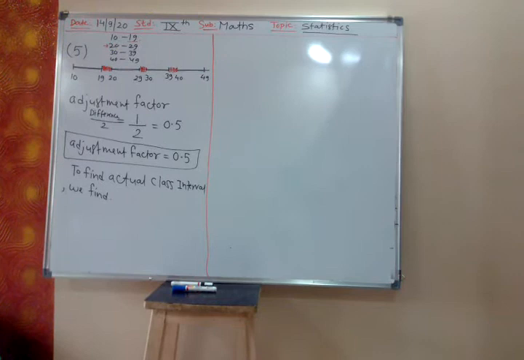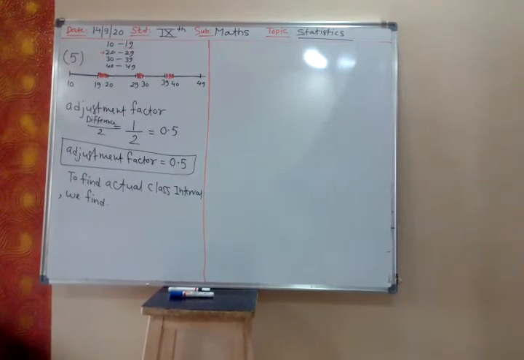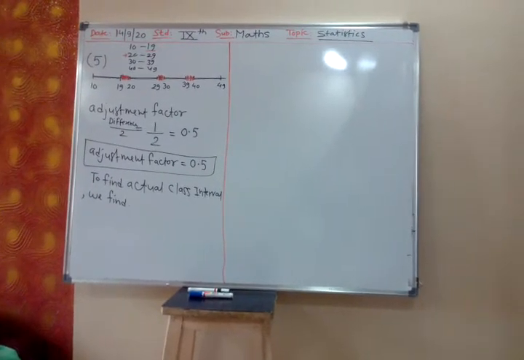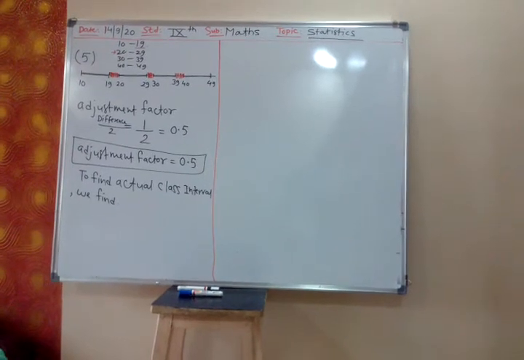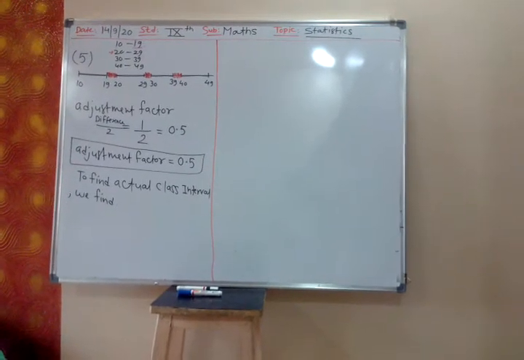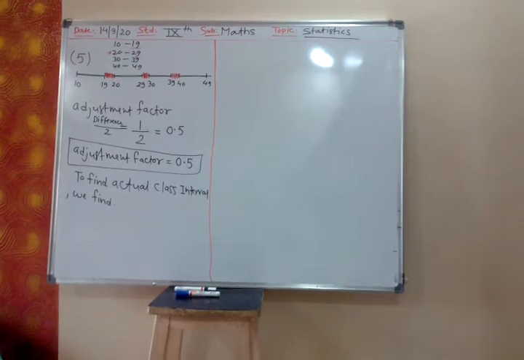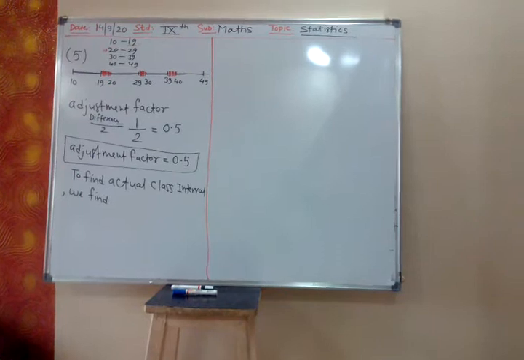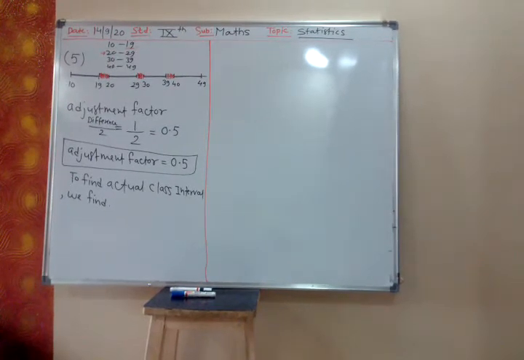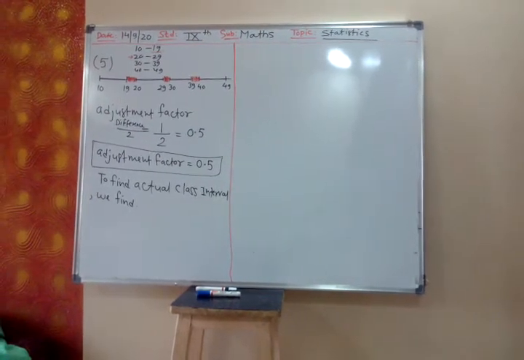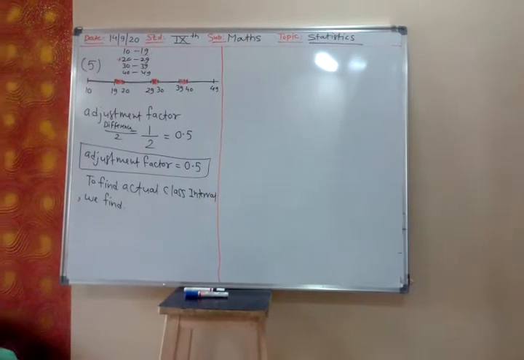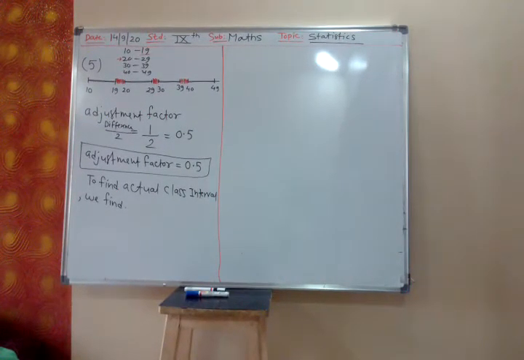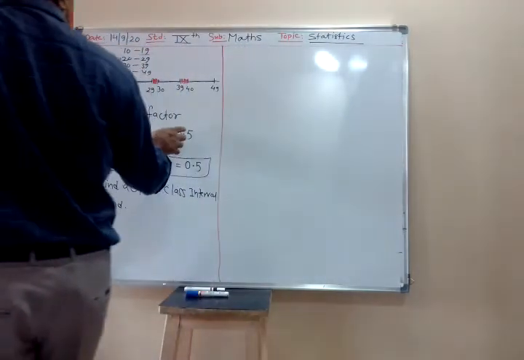So what is the difference? 1. Whatever is the difference, 1, that 1 we divide by 2, giving 0.5.